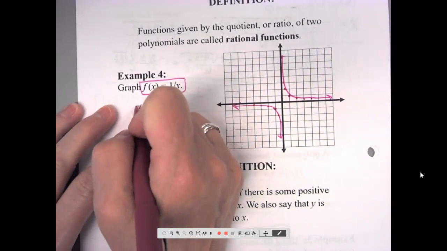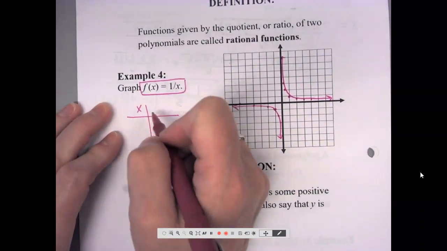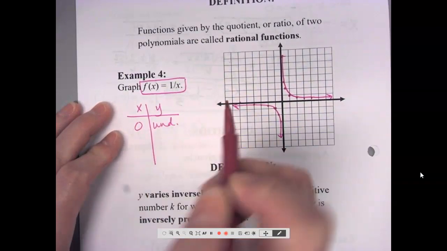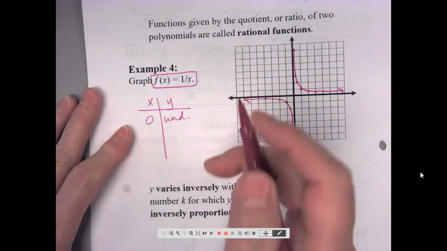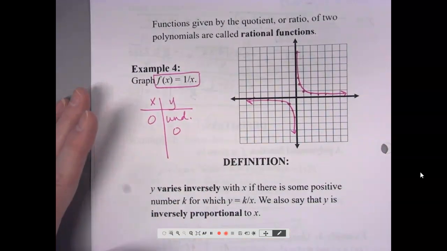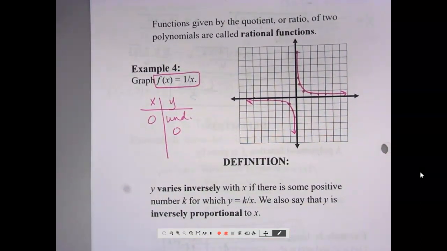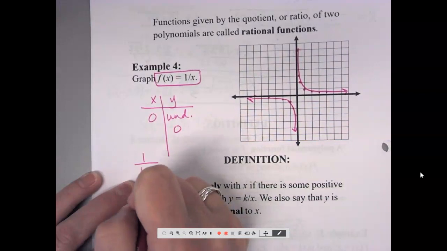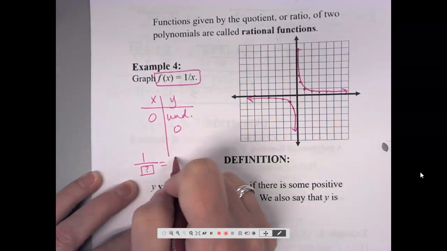Okay, so if I'm looking at a table of values, I can't use 0 because that's undefined. Okay, is there some number of x that will give me 0 for y? Can I take 1 and divide it by something and get 0?